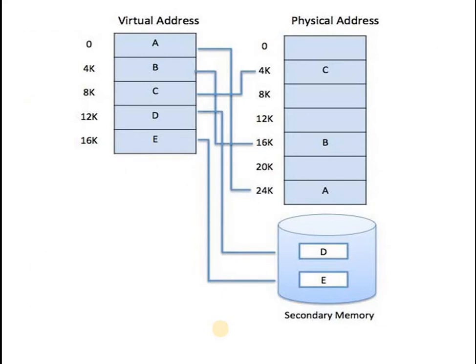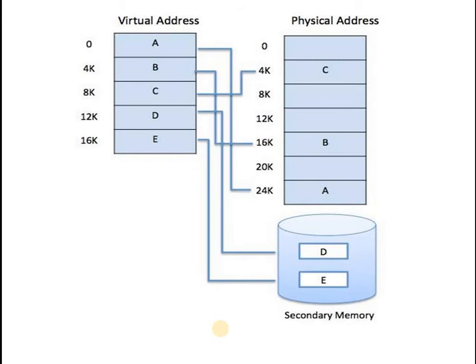If all the physical page frames are fully occupied and at that time a new page is to be brought into memory, then at this stage some existing page has to be replaced by bringing in the new page. Which page should be replaced is decided by the page replacement policies.